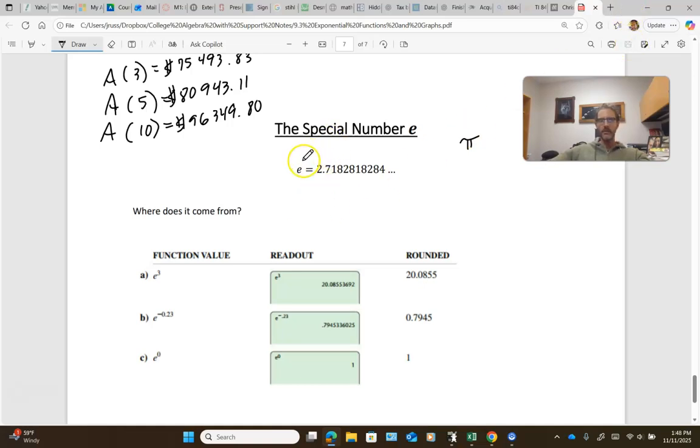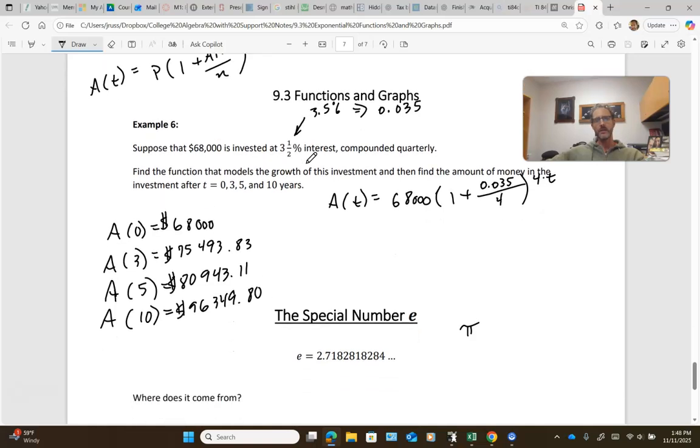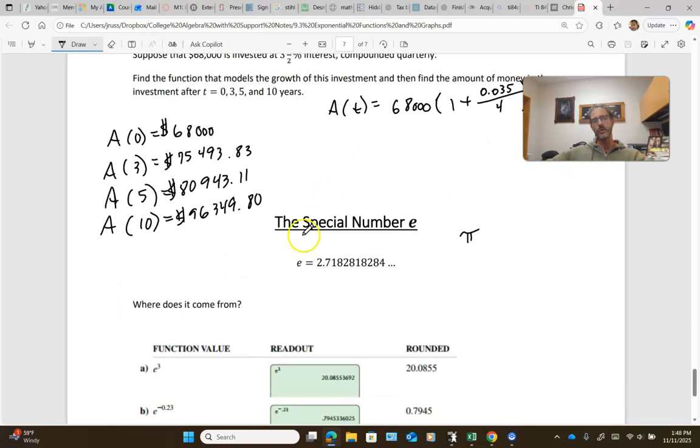But it's actually used in exponential equations. It's used in exponential functions to model processes that grow continuously. So, for example, if you had an investment, what if it wasn't compounded quarterly or monthly or even daily, what if it was compounded continuously? Then that's where this number makes an appearance.